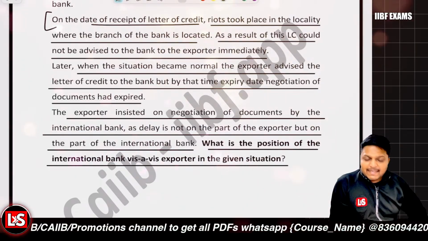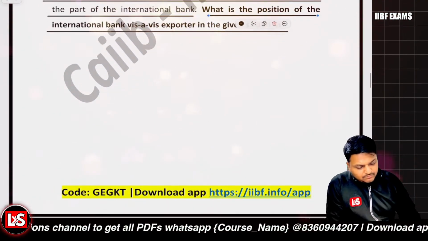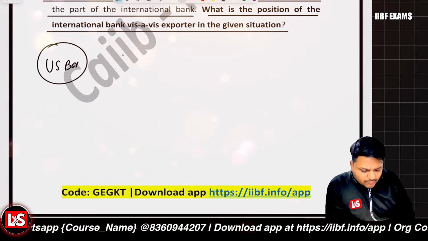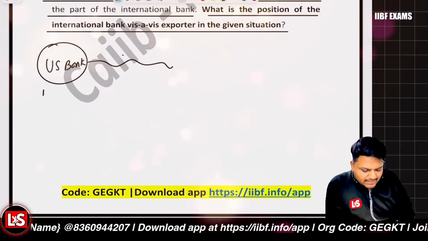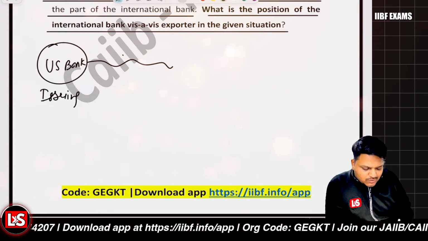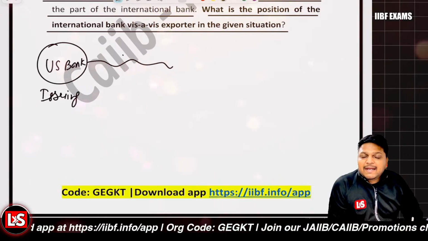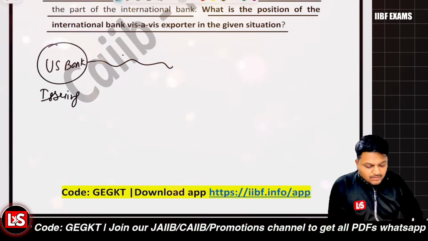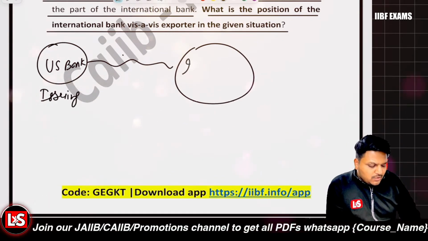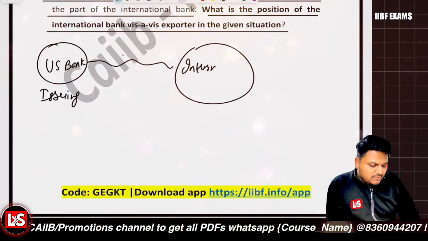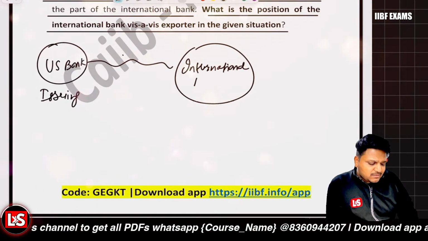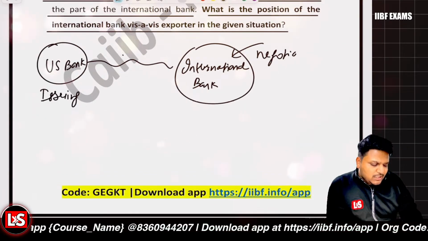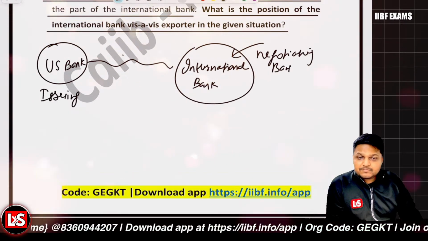The fact is what? The LC is issued by the US bank. So the issuing bank here is the US bank, right? And negotiation is restricted to the International Bank, New Delhi. There is a bank that is an International Bank, and this is going to be the negotiating bank, right?